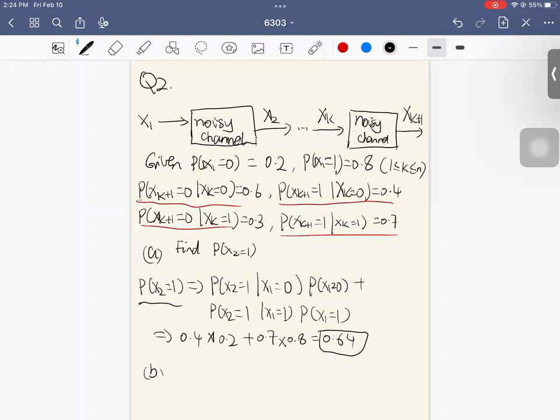Now let's look at question B. Question B asks us to find the probability of x3 equals 1. So we can use a similar approach to question A. That means when x3 equals 1, we have x2 equals 0 or x2 equals 1. These two cases, but we haven't calculated that yet, so we can use another approach.